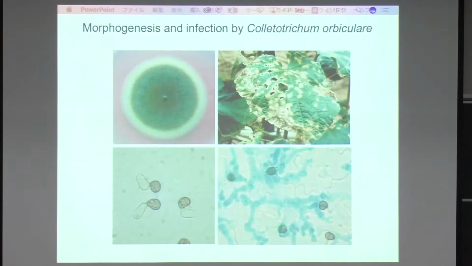Especially, I've been working on C. orbiculare, which infects cucurbitaceous plants, as a model fungus. This fungus forms a melanized appressorium, an infection structure, on the leaf surface and makes hemibiotrophic infection to its host plant and expresses the lesion like this.